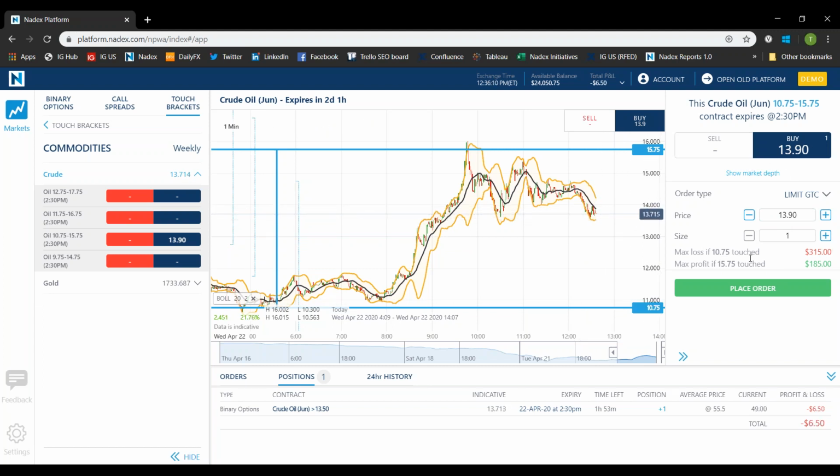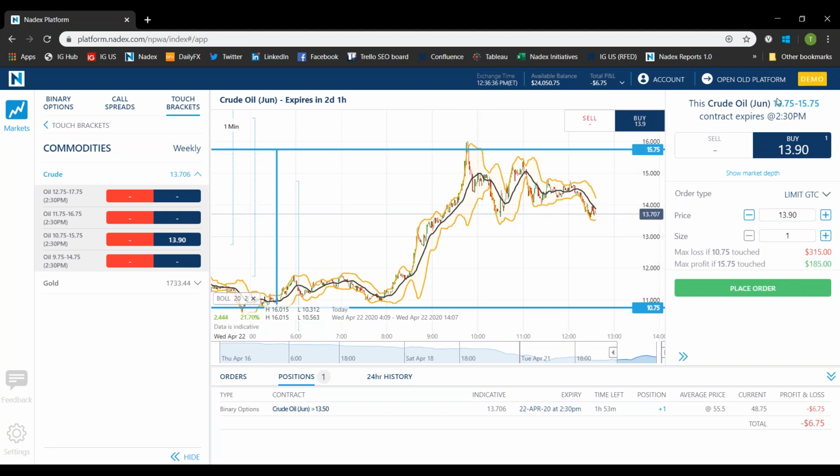If I were to actually get that price, if oil rallies and it goes up and it touches 1575, the upper range of the knockout, I would be knocked out of the trade for a profit. I would recognize my maximum profit. If I paid $13.90 for this, I would make my $185.